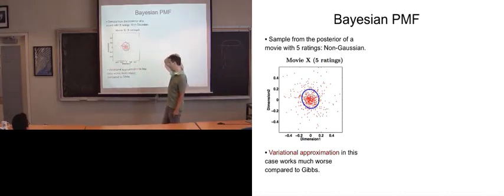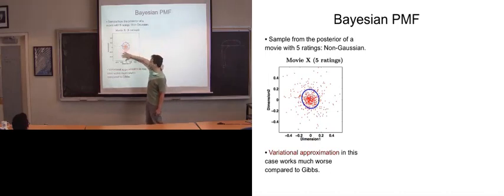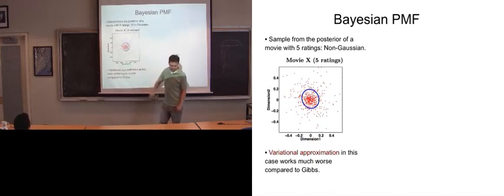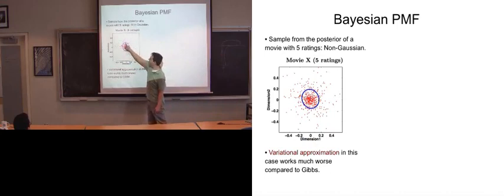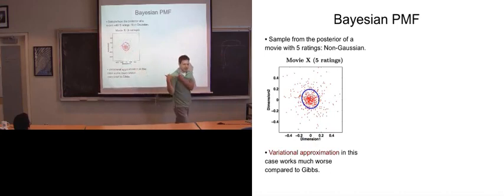The variational framework, in this case, works much worse because the posterior has heavy tails. If you sample with MCMC, you can get this. If you use the variational framework and set your variational distribution Q to be fully factorized, you can show that it becomes a Gaussian, and that would be your approximation, which is not a very good approximation in this case.